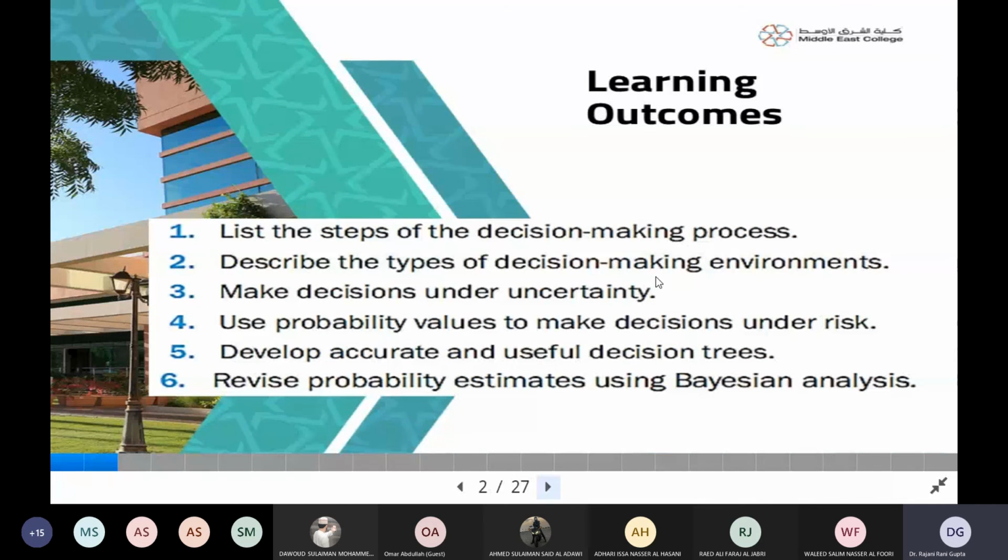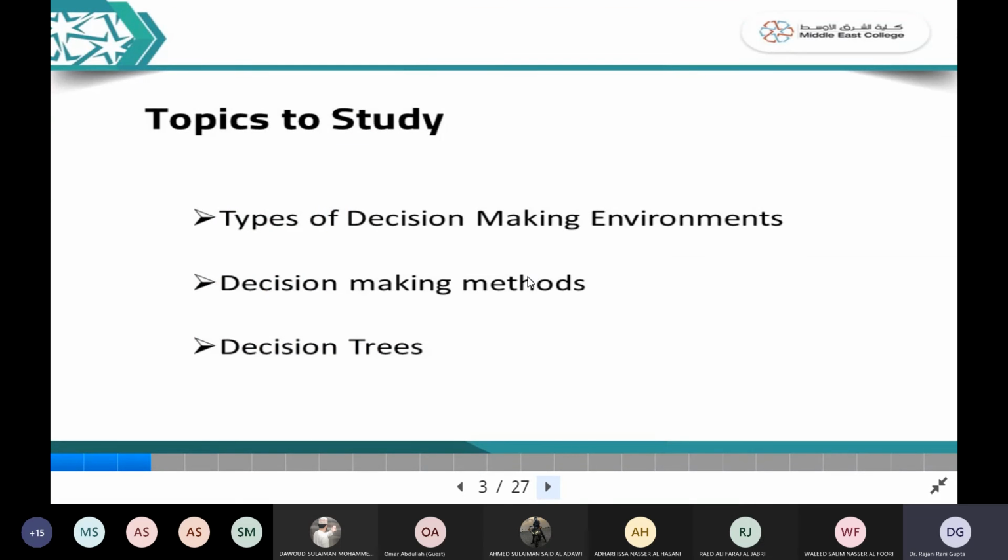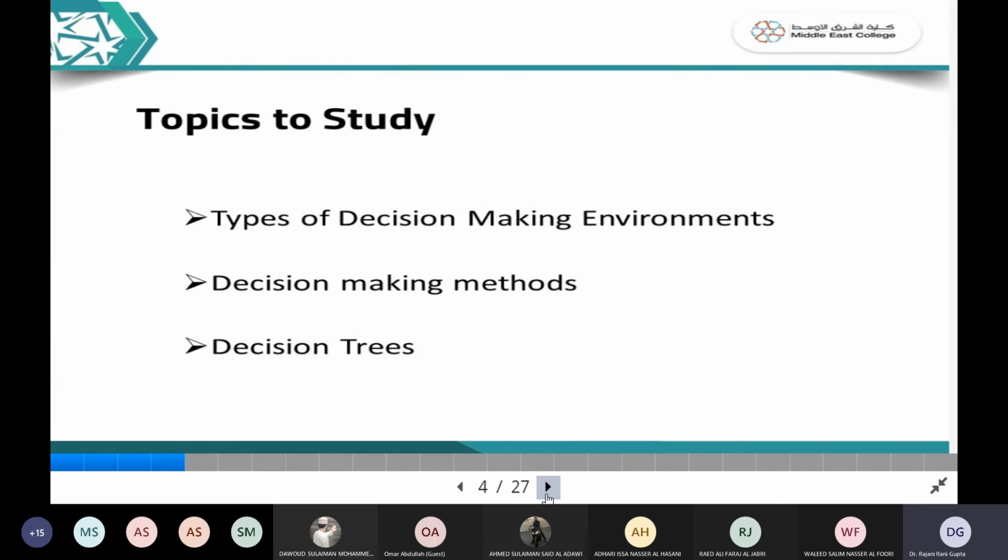There are different conditions under which we take decisions, and that's what we are going to study in this unit. Here it is mentioned what the different decision making environments are, what the methods to make decisions are, which are mathematical methods, and how to represent a decision tree.